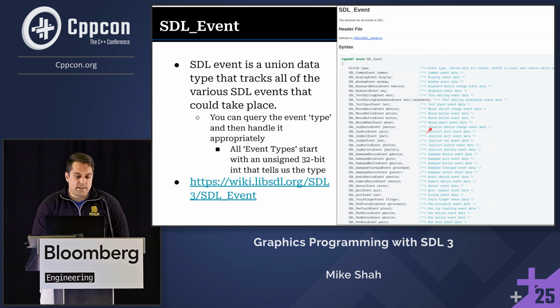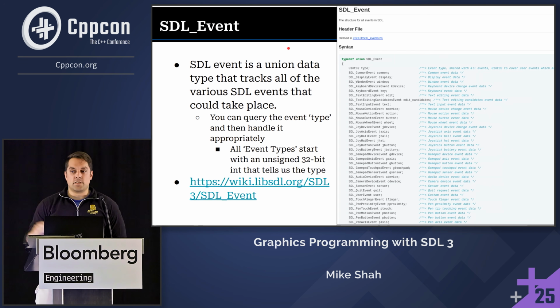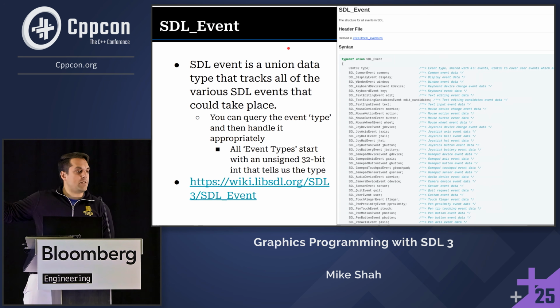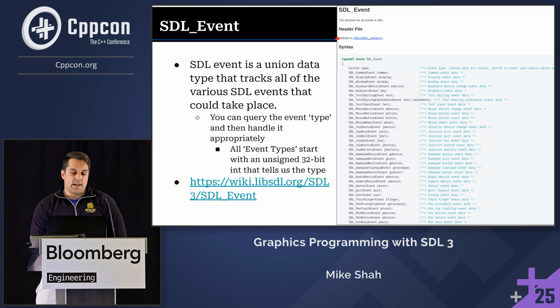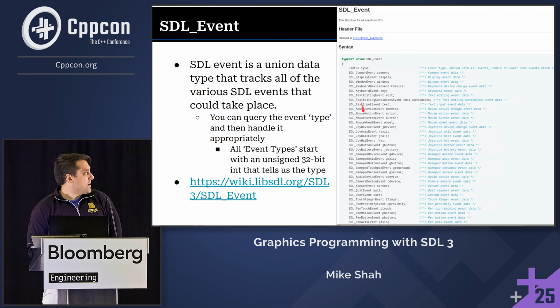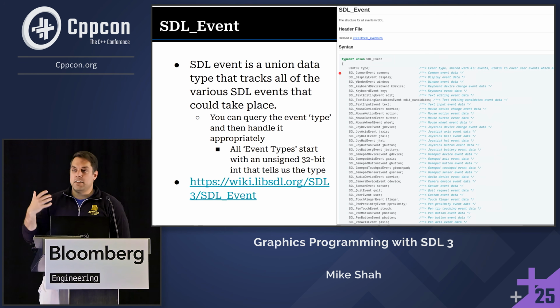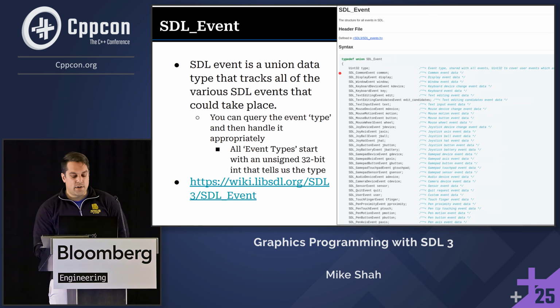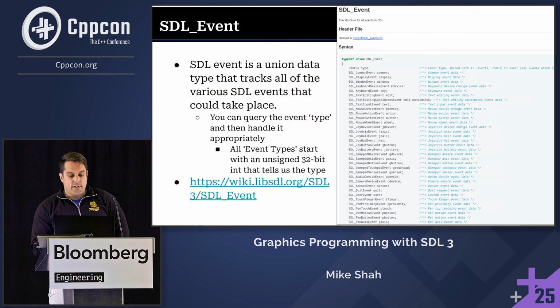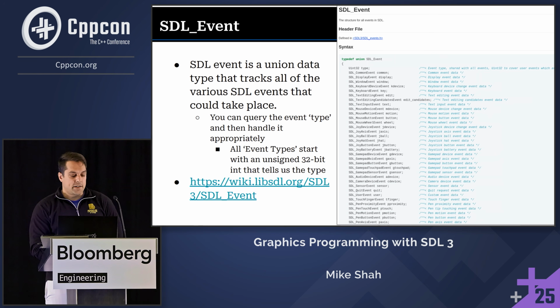Now SDL_Event, this actual struct that I have, is a union. Again, we're in C land, so there's no tagged union or variant or anything here, but it is just a regular good old union. And this is what it looks like, right? Don't have to read all these, but you can see that an event can be lots of different things, like a keyboard event, moving a mouse, resizing the window, touching, if you have a joystick or something, all these different things here.